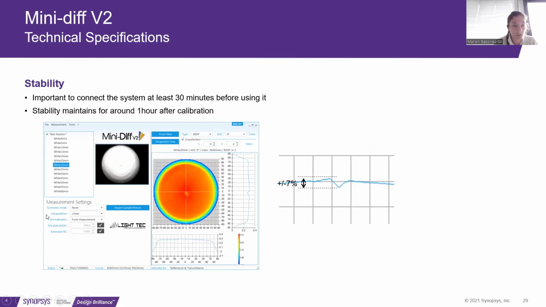It is represented here with one measurement every 5 minutes after the calibration. You can see that the stability is really maintained because it's around plus or minus 7% after 1 hour after calibration.